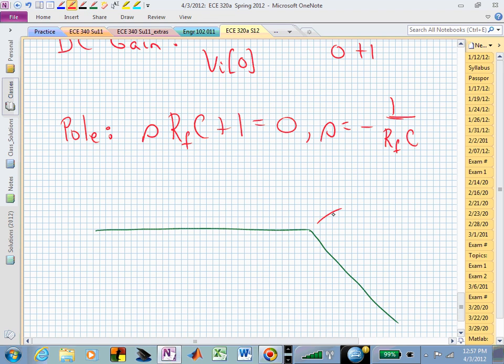This particular point is our break point, or our break frequency.